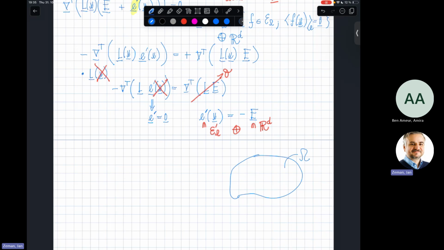I'm now assuming that I have a certain heat flux, and imagine that this heat flux is present at any point inside the body.